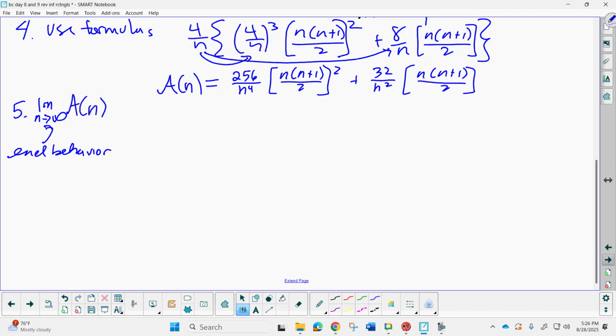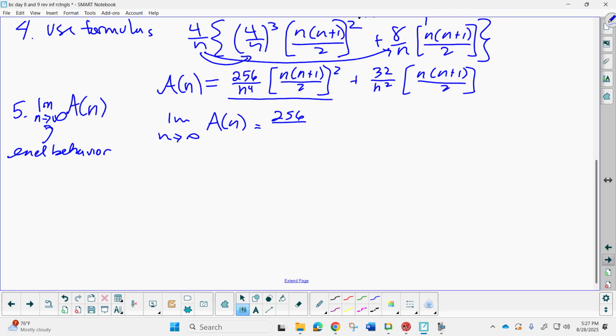Now, look at the powers here. If I take the limit as n goes to infinity of A sub n for this first, how do the powers work out? The denominator is n to the fourth. The numerator is n to the fourth. And so the limit is the ratio of the coefficients, 256 on top. Be careful.